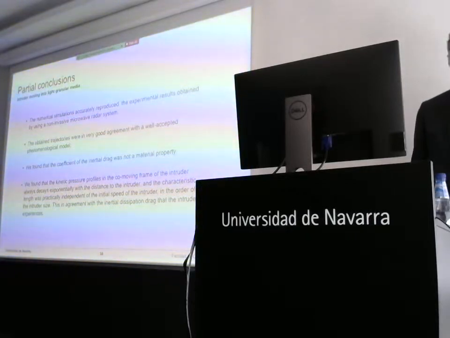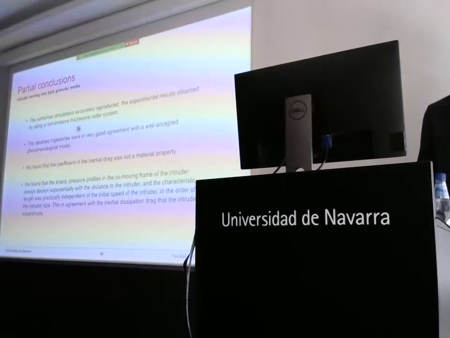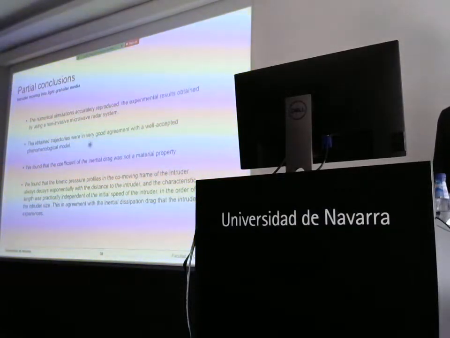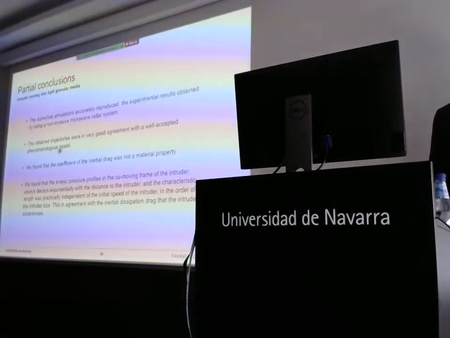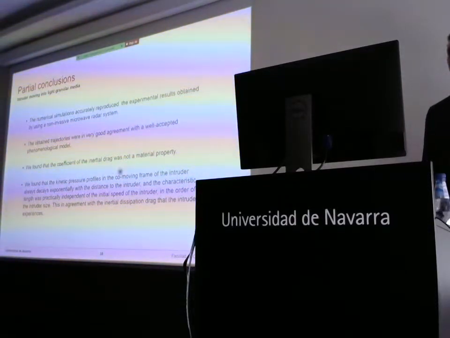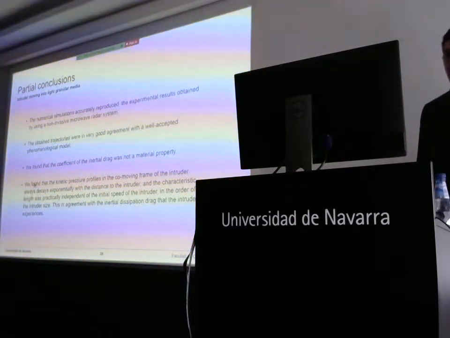So as a partial conclusion, we can say firstly that the numerical simulations accurately reproduce the experimental results obtained using a non-invasive microwave radar system. Then the obtained trajectories were in very good agreement with a well-accepted phenomenological model, and we found that the coefficient of the inertial drag was not a material property.